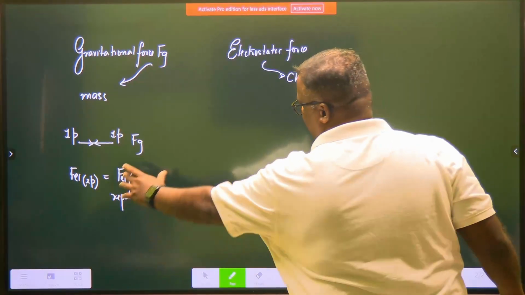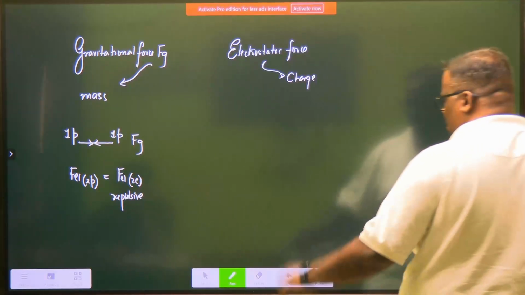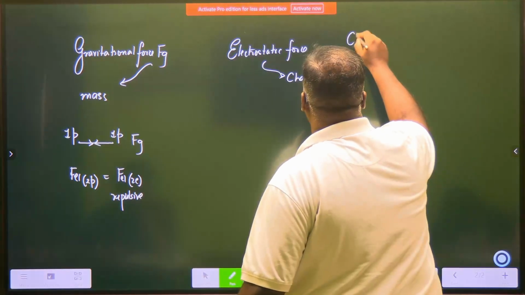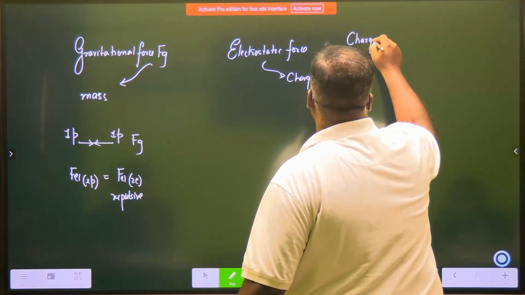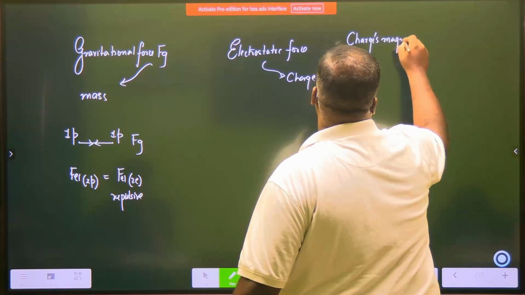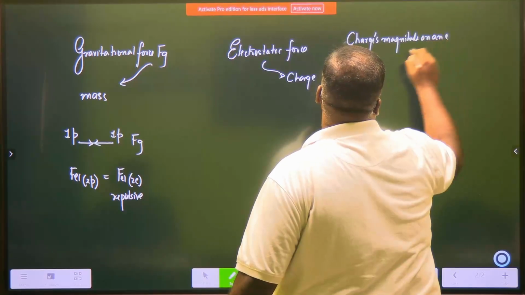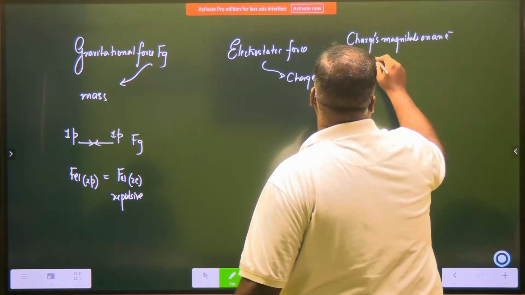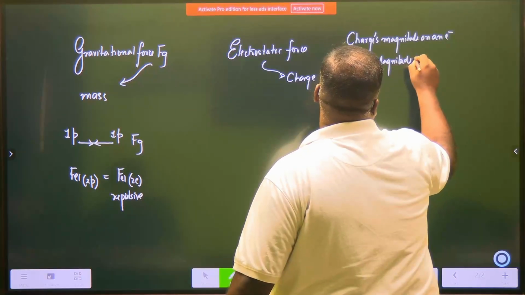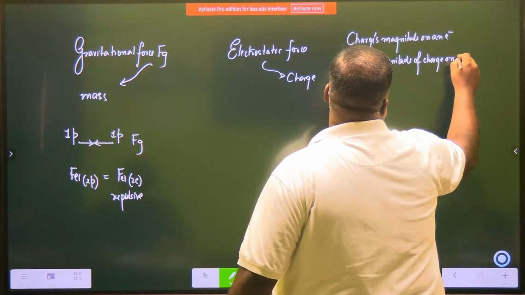We found that the electrostatic force between two protons and between two electrons are both repulsive, and they are equal, which gives us another identity: that the magnitude of charge on an electron must be equal to the magnitude of charge on a proton.